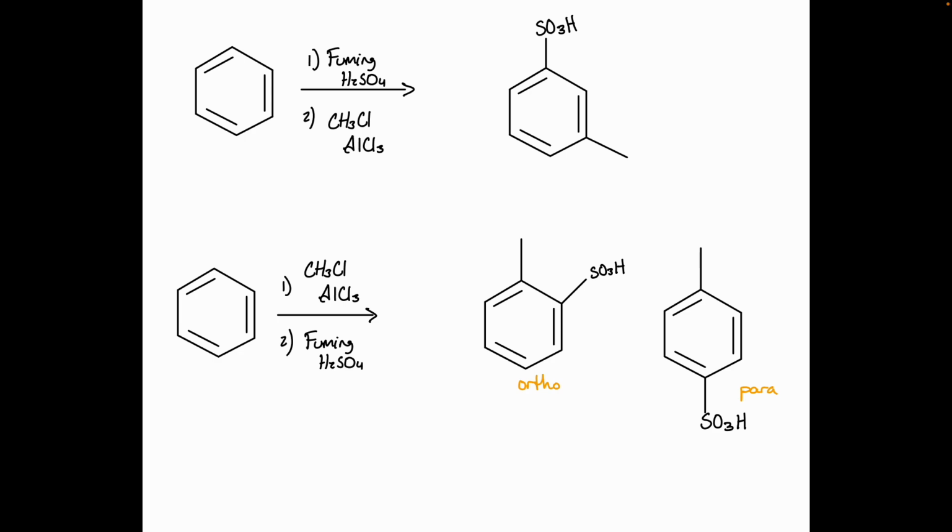In the first example, I put on a meta-director first, so that's why we get our meta product as our final product. Whereas in my second reaction here, the first step was to add an ortho-para director, which is why I get a mixture of these ortho-para products. Again, same two reactions, but we can see how the order in which we perform them is going to dictate what product we get.